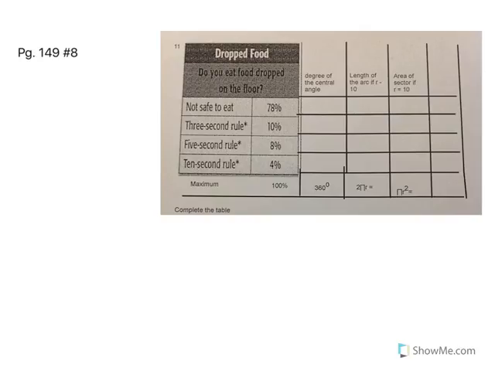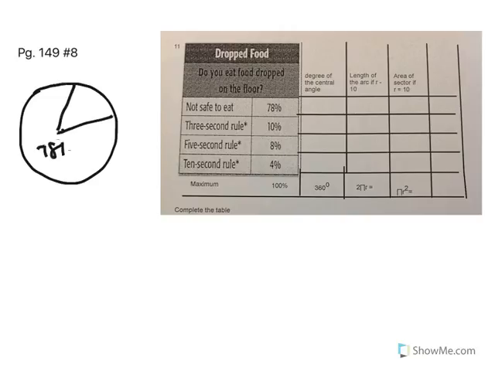Now this is the last question that we did for classwork. It's basically asking you if this were a circle graph, and this is 78%, and this is, let's say, 10%, this is 8%, 4%.